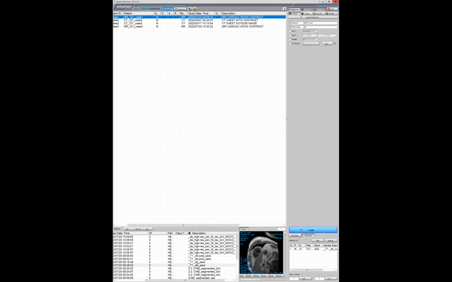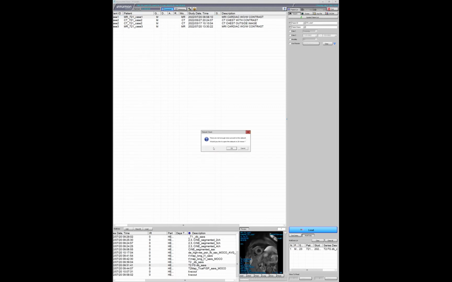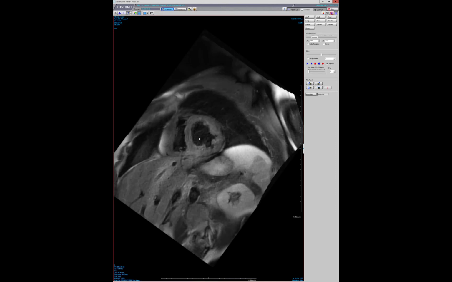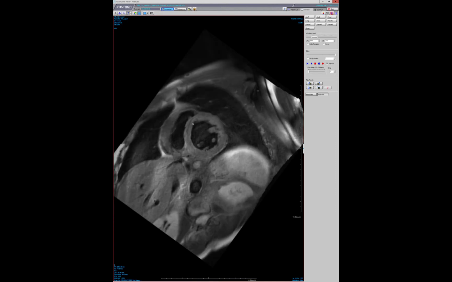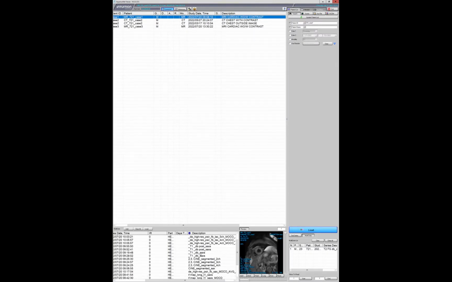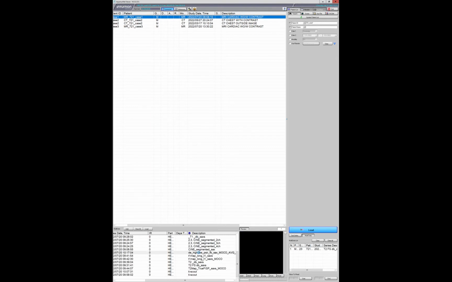Somewhere in here is a fat sat, this is a T2, but nonetheless, you can see it's a fat sat, and all this stuff saturates out. So there's an abundant amount of fat in the myocardium.